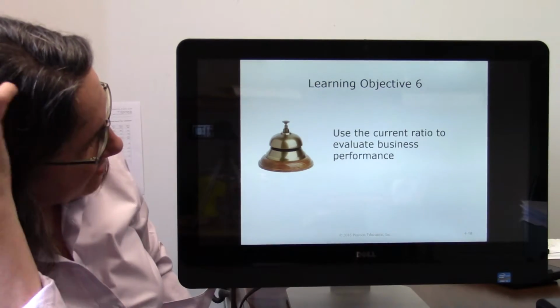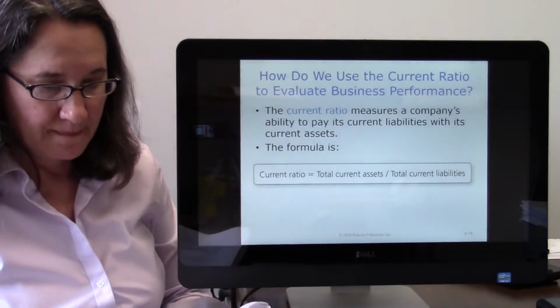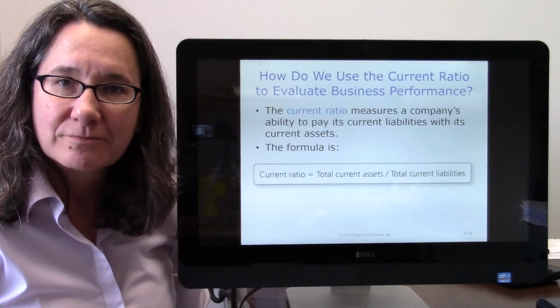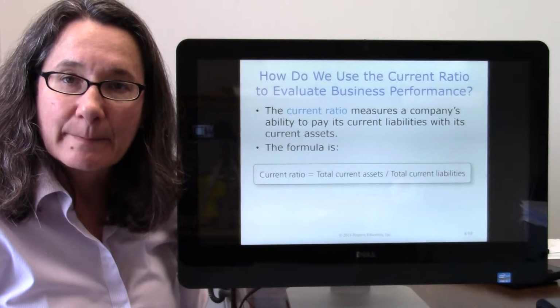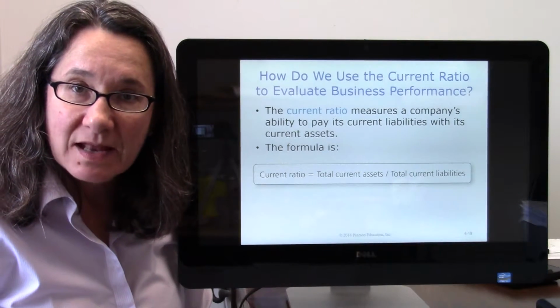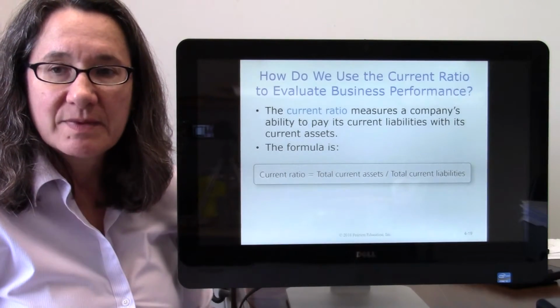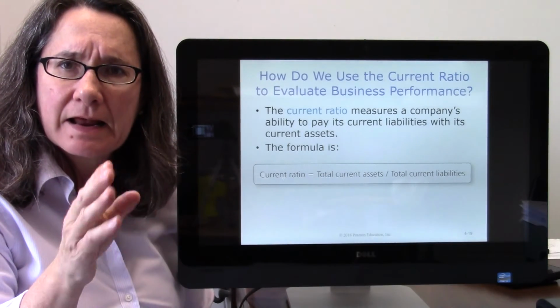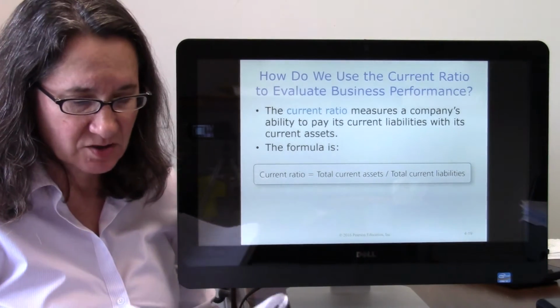All right, what's the business ratio we can learn about this time? Well, let's learn about the current ratio. Now you may recall we've learned about a classified balance sheet. So the current ratio makes sense because we've started dividing assets and liabilities into current and long term, stuff like that.